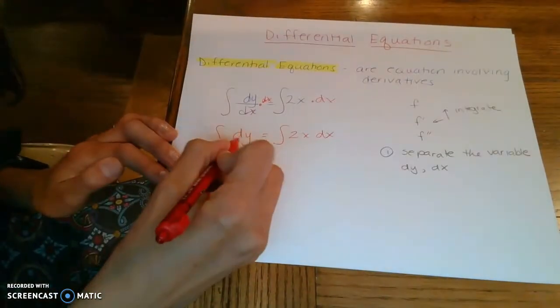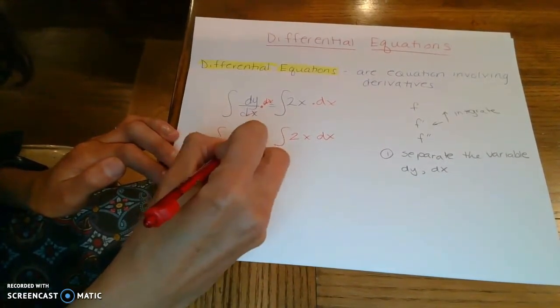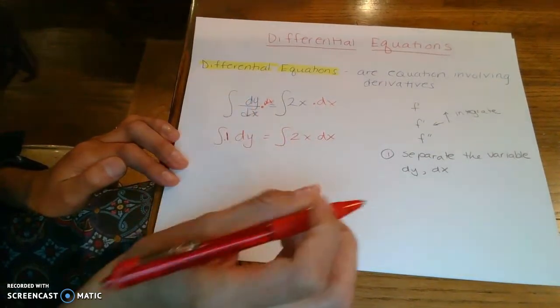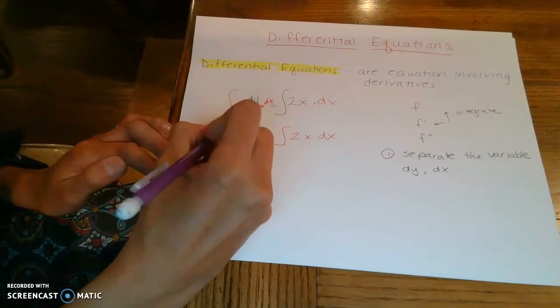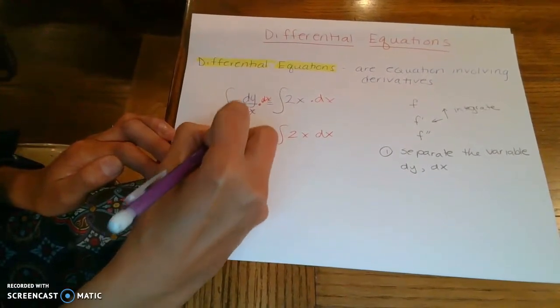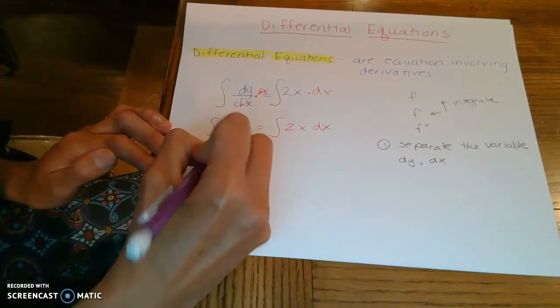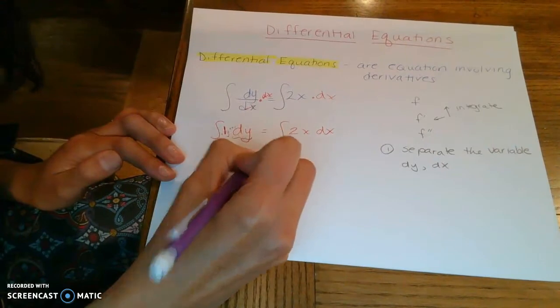So here, the variable of integration, it's basically like two integration problems. Here, the variable of integration is y, and the number here is 1. We know that to integrate, we add the exponent. Well, right now, the exponent here is y to the 0 power. If I add 1 and divide by that new exponent, again, y to the first power, and the dy turns into my plus c.